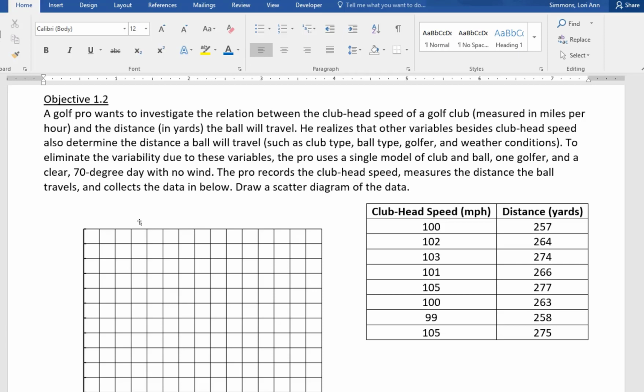To eliminate the variability due to these variables, the pro uses a single model of club and golf ball, one golfer, and a clear 70-degree day with no wind. The pro records the club head speed, measures the distance the ball travels, and collects the data below. Draw a scatter diagram of the data.